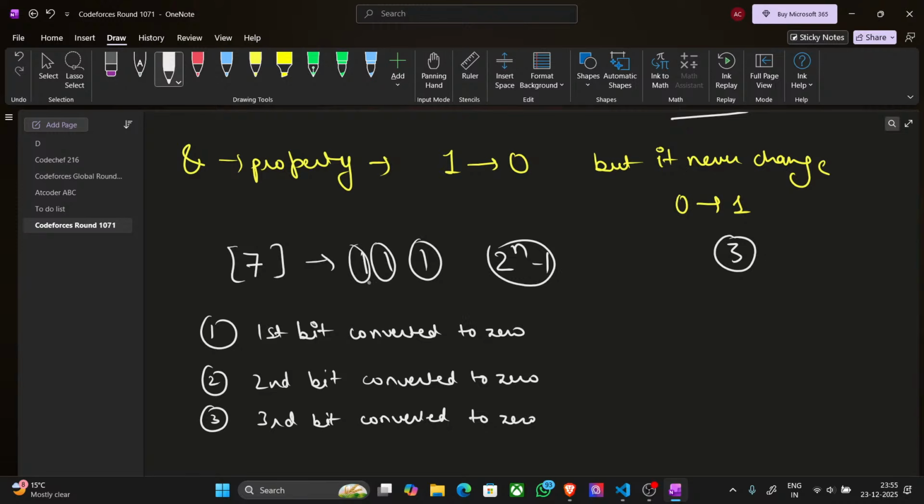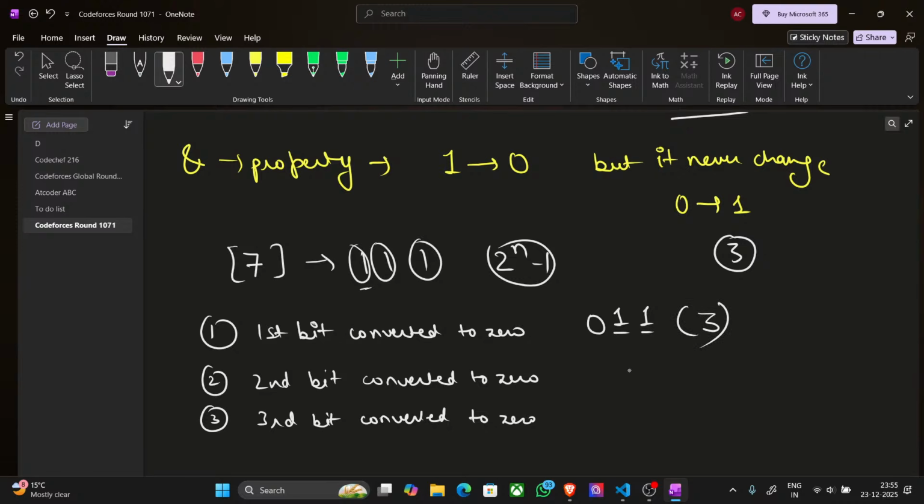So if the first bit is converted to 0, then what is the pattern for that number? It is in this form: 0, dash, dash. And I need to maximize this, so I will fill it with 2 ones. I don't want to minimize the pop count by making another bit 0. I want to make at least one bit 0, so I will convert it to 011.